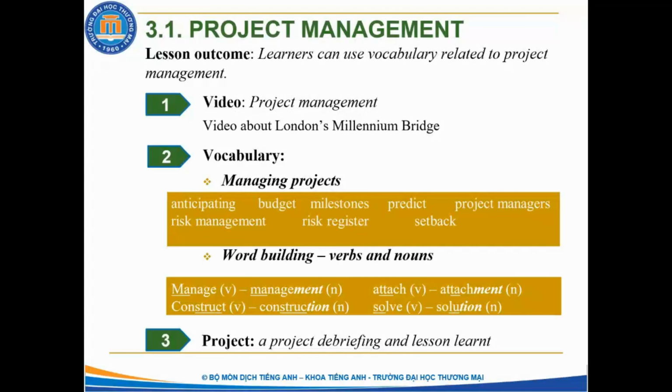So after studying part 3.1, it is expected that learners can use vocabulary related to project management, and you can see here are some words and phrases related to project management. And here are some nouns which are built from the verb by adding the ending ment or tion.